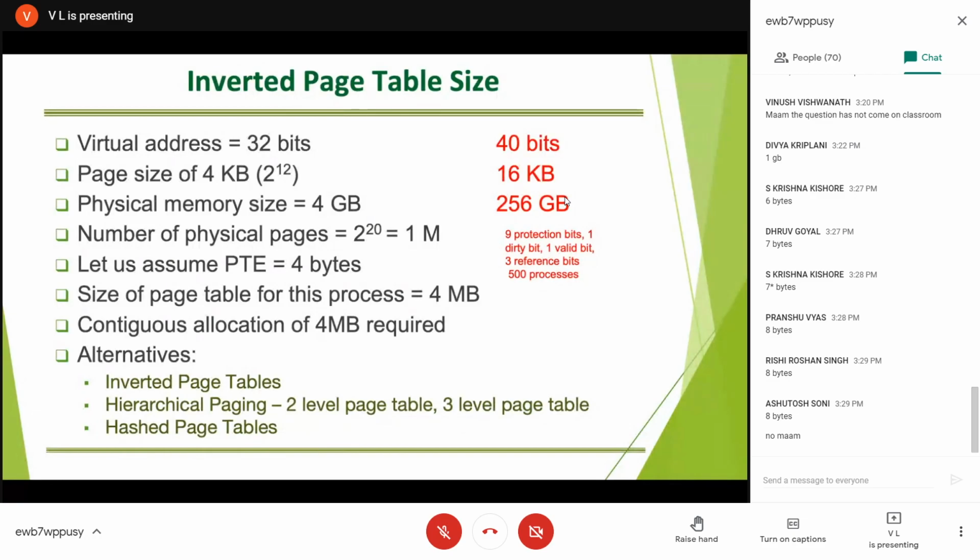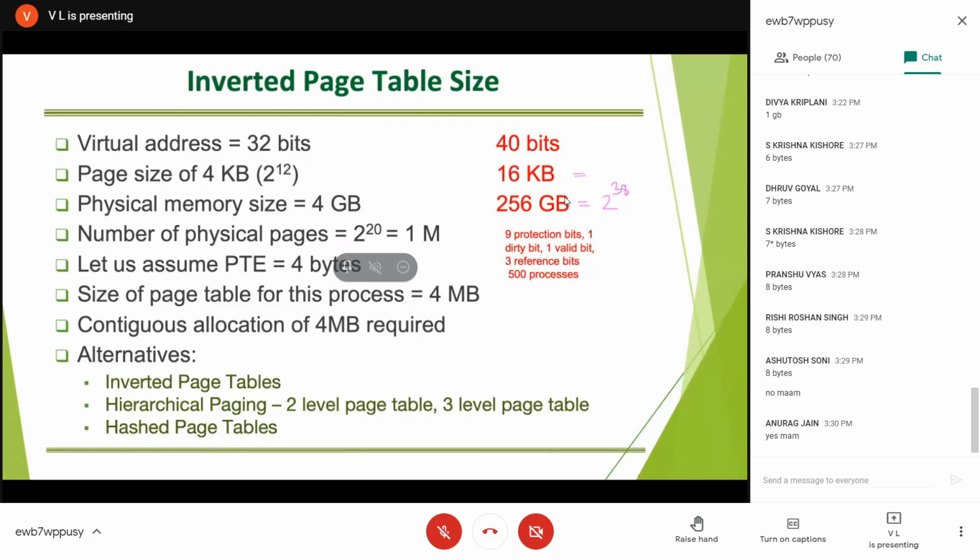So physical memory size is 256 gigabytes. 1 gigabyte is equal to 30 bits: 10 for kilo, 20 for mega, and 30 for giga, and 8 bits for 256. So it will be 2 raised to power 38. Am I right? And page size is 16 kilobytes. So that is 2 raised to power 4 for 16 and 2 raised to power 10. So it will be 2 raised to power 14.